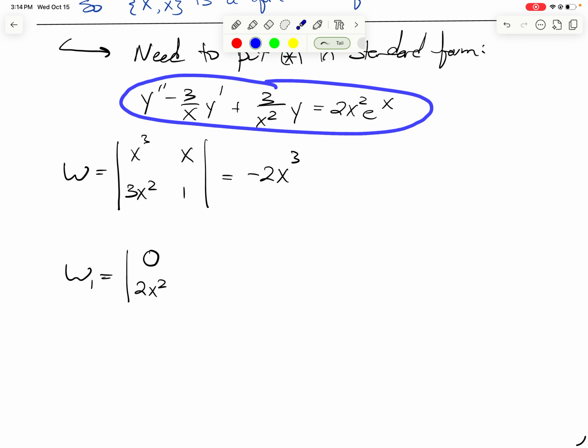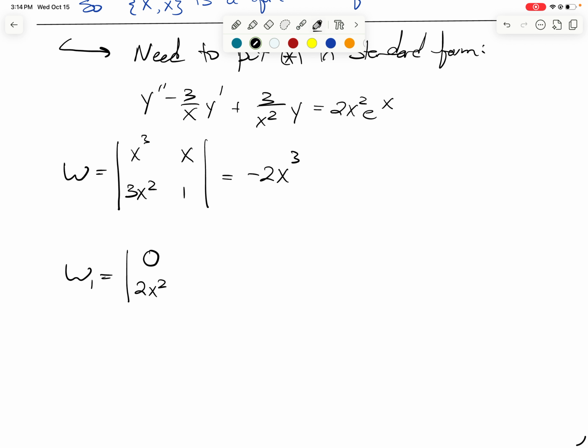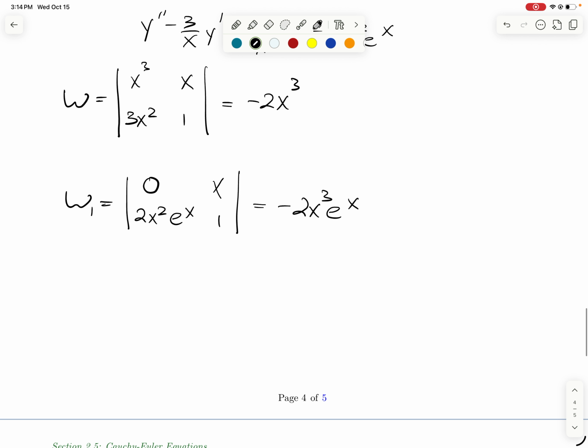And when I do that, I'm going to write 2x squared e to the x on this side, x and 1 on that side. And I'm going to get, in this case, minus 2x cubed e to the x. So that's W1. W2, I'm going to get x cubed, 3x squared, and then a 0, 2x squared e to the x, which is going to be 2x to the 5th e to the x.